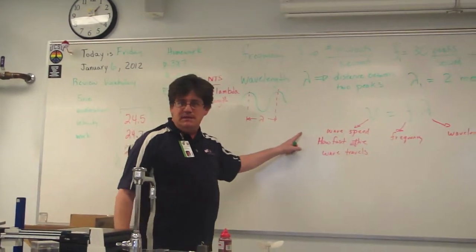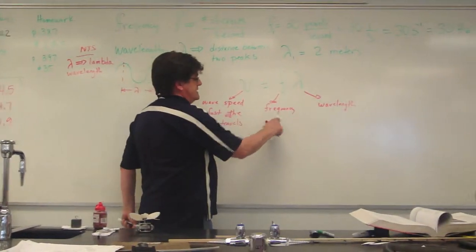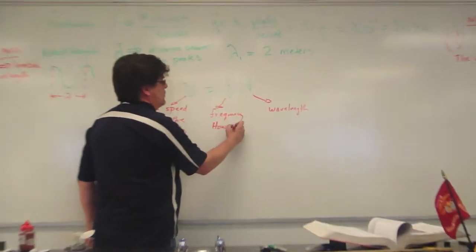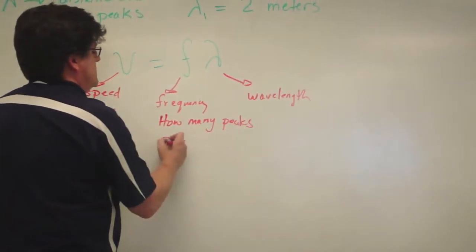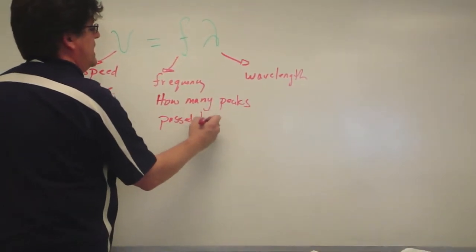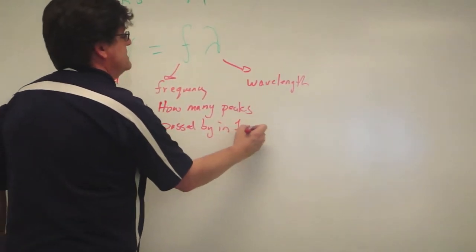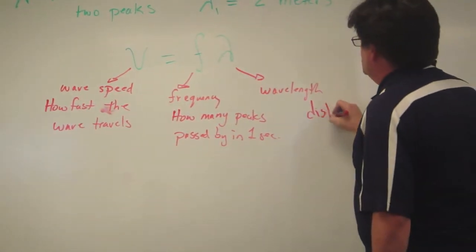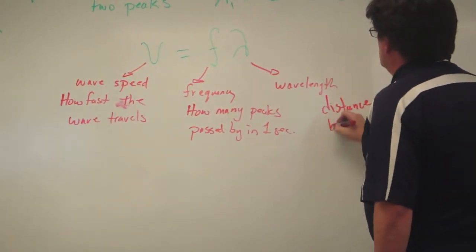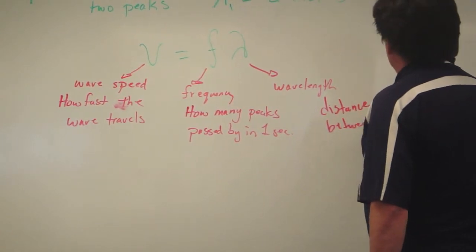That's what the wave speed is. The frequency tells how many peaks passed by in 1 second. And the wavelength tells the distance between peaks.